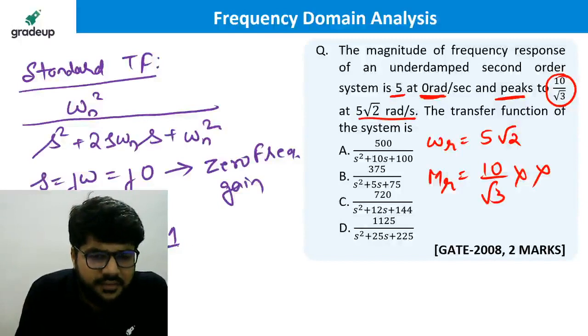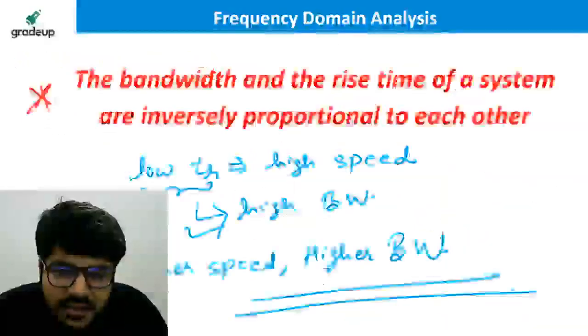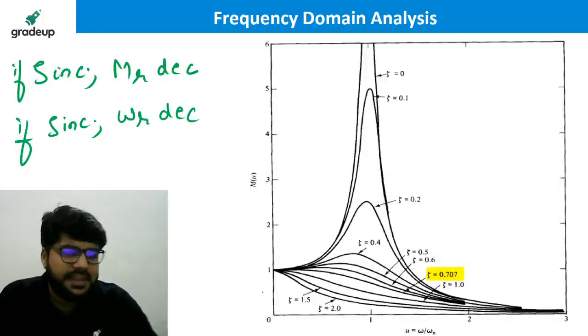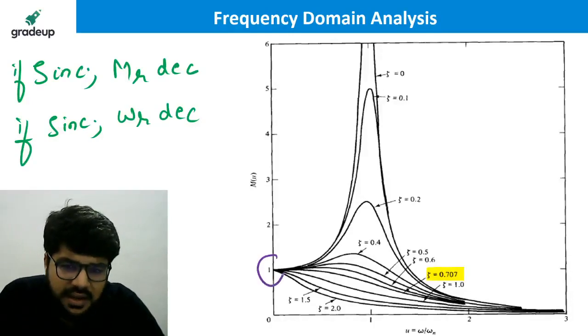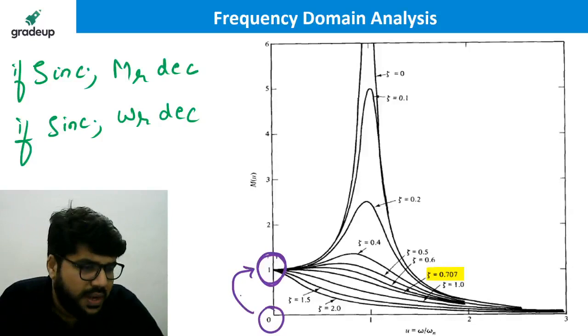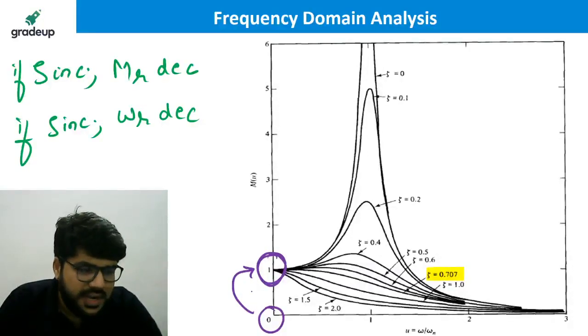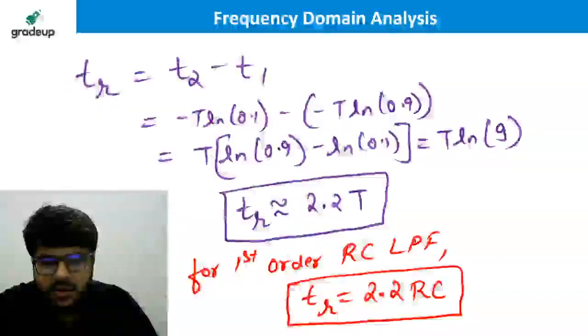I have already shown you in the graphs: for whatever the value of zeta, the magnitude at 0 frequency is equal to 1. We have seen that in the graphs also. So let me come back to the question now.